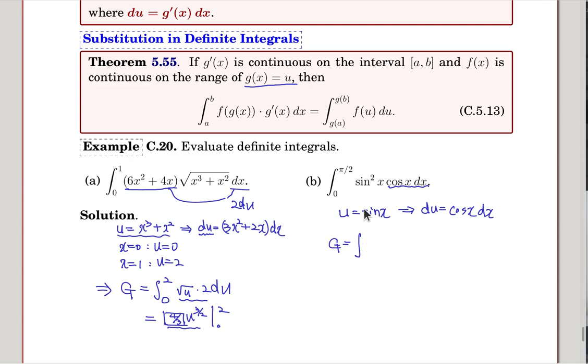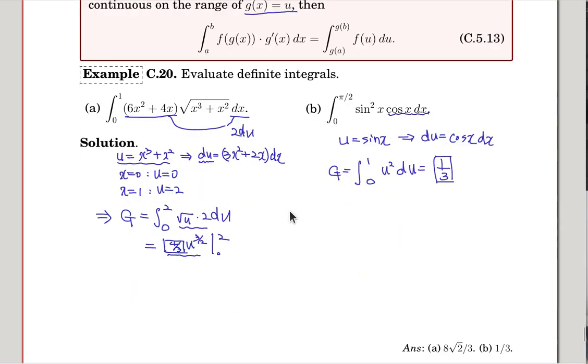Once x equals 0, then u must be 0, since sine 0 is 0. Sine pi over 2 is 1, right? And that is now u squared, and the remainder is du. So the answer must be 1/3. Okay, that's the final answer.